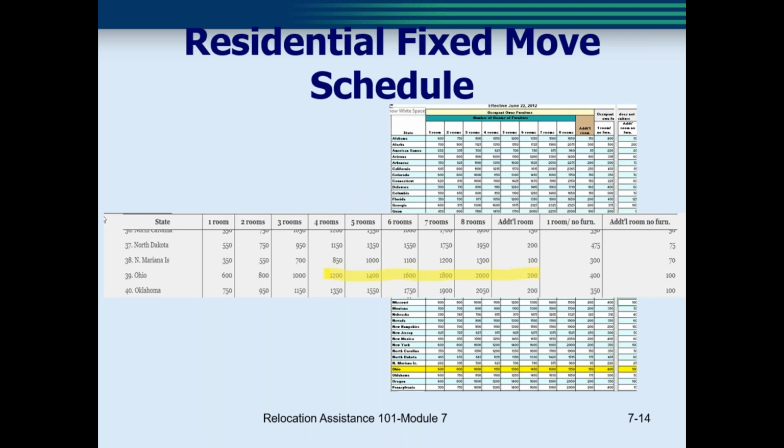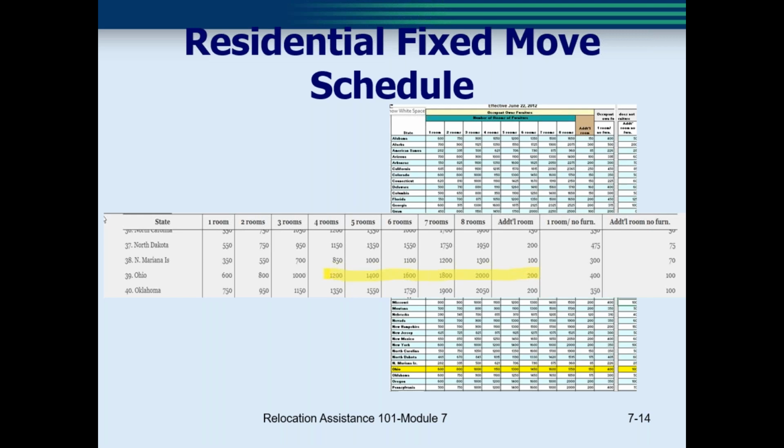Now, in some cases, a displaced person will have an unusually large amount of furniture. Personal belongings may be stored in the basement, an attic, or outbuildings. So the way you calculate the move cost if they do a residential move schedule, you're going to look at the number of rooms in the house.